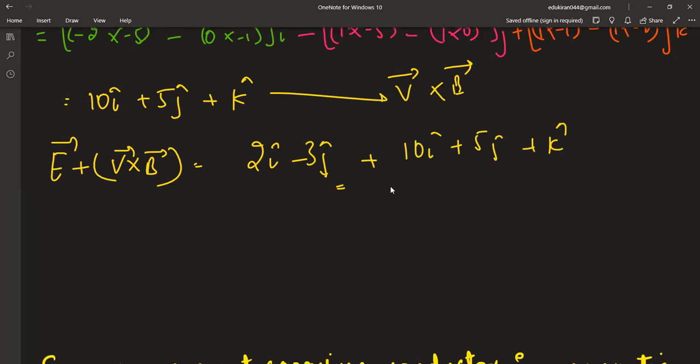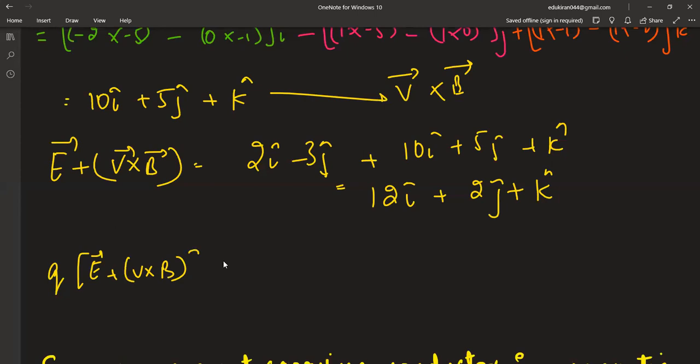This is equal to 12 I cap plus 2 j cap. Here this is 0, this is k, so plus k cap. Okay, then this is E plus V cross B. Now what we have to do? Finally, it's Q into E plus V cross B.